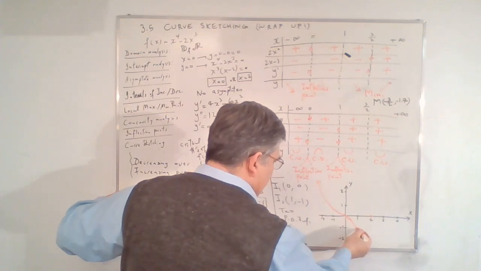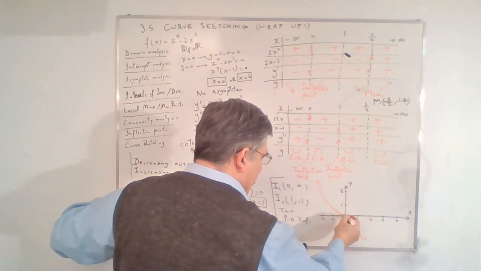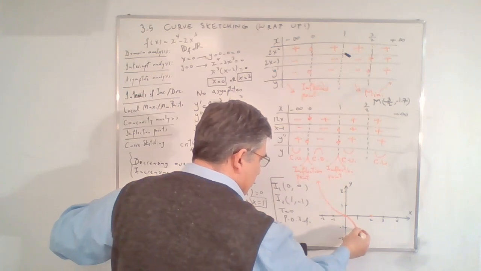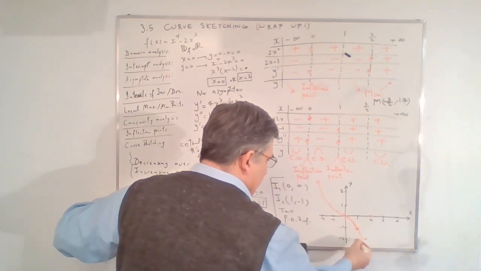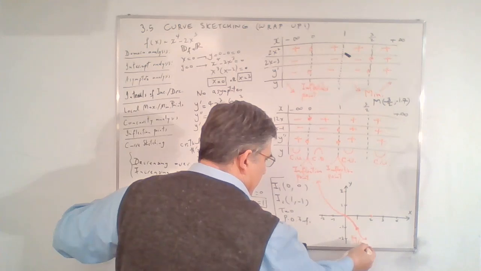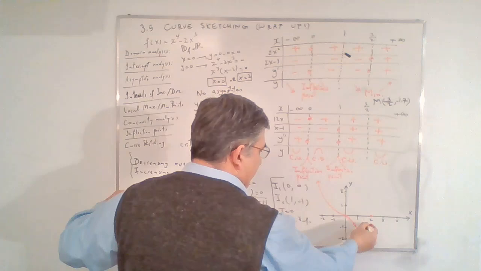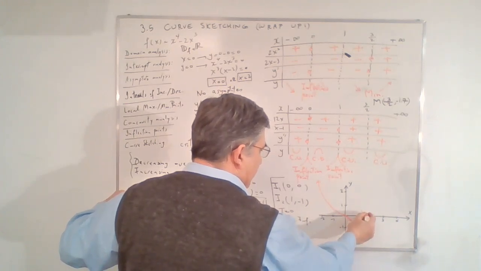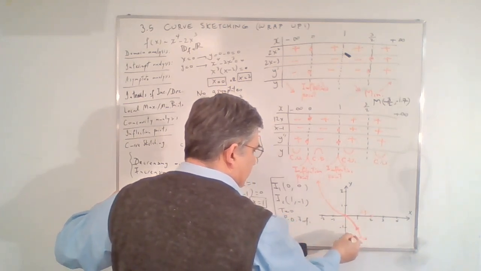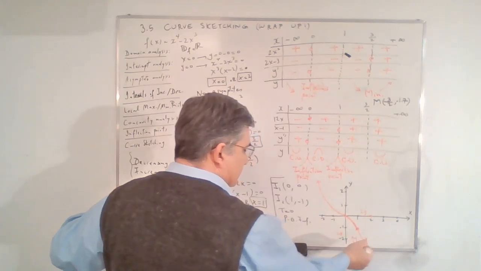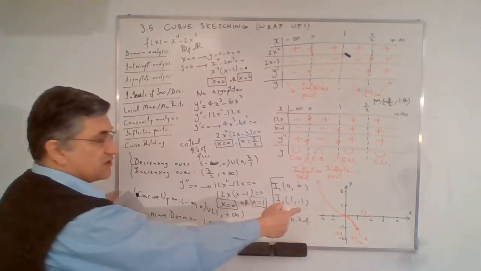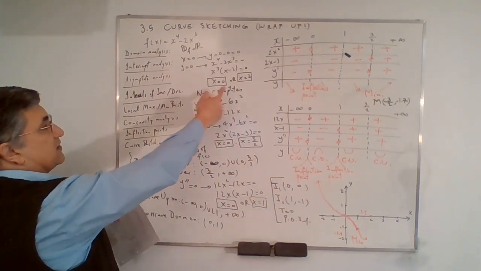So this was an inflection point. Okay, this origin was the other inflection point. And then here we have our local minimum point, which is happening at 1.5. This is 1.5 and roughly negative 1.7. And then it goes up, it hits the x-axis at the x-intercept of 2.